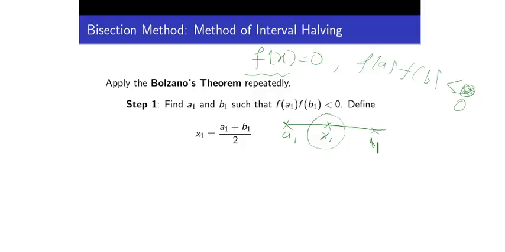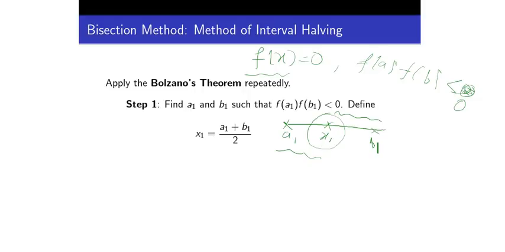So if one of them is negative, then you will proceed with the same. If f of a1 into f of x1 is negative, then the root lies here. If f of x1 into f of b1 is negative, then the root lies here.